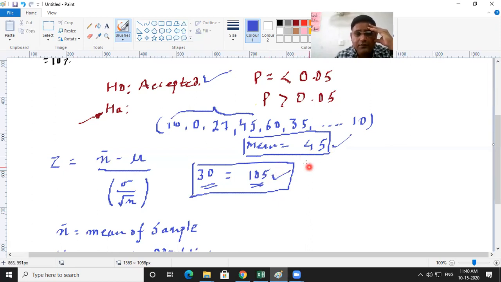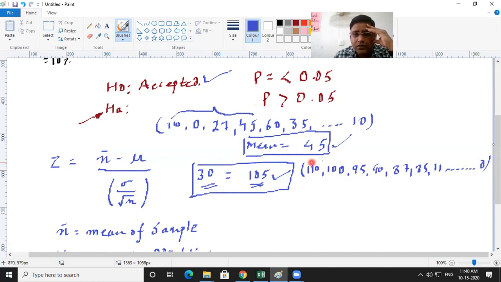Might be I have arranged the data in descending order. Someone scored 110, someone scored 100, someone scored 95, someone scored 90, then 87, then 85, then 80, and in this way, someone scored 0 and all.